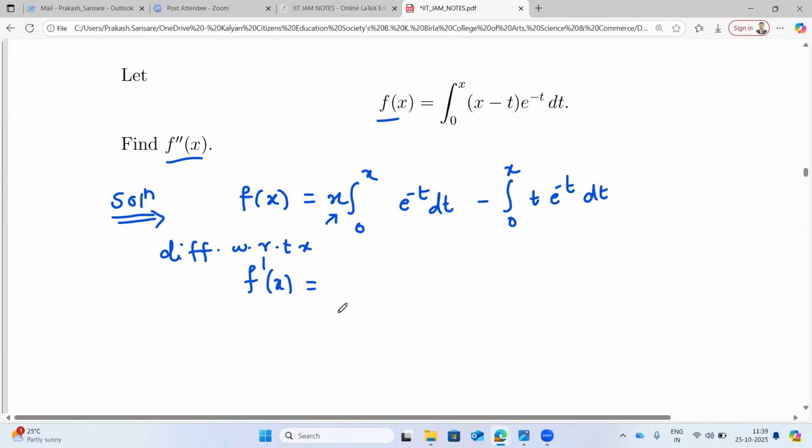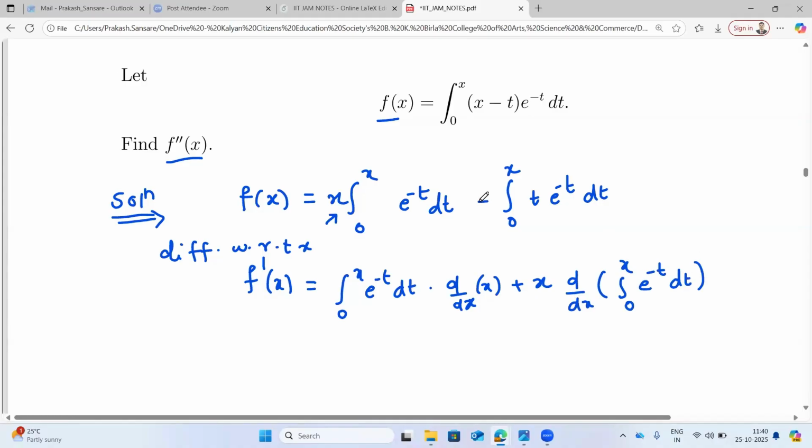So it will be integration 0 to x e raised to minus t dt into d by dx of x, plus x times d by dx of integration 0 to x e raised to minus t dt, and this is minus.